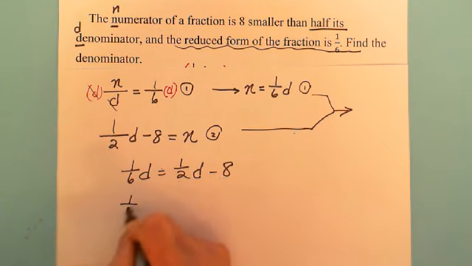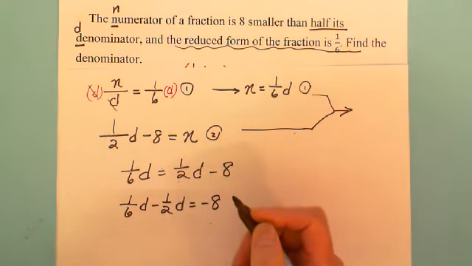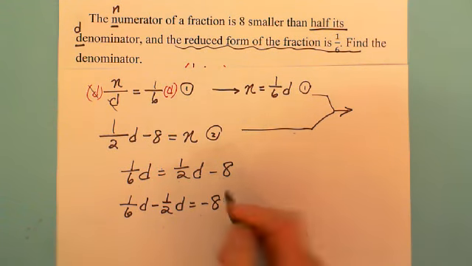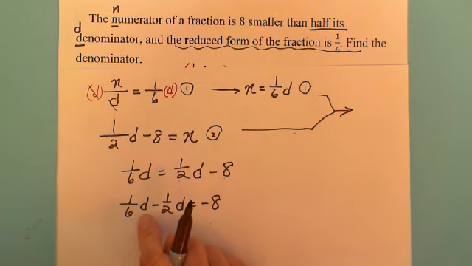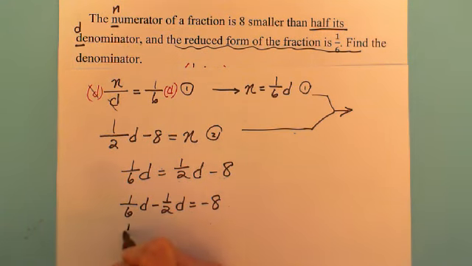We have 1 over 6 d minus 1 over 2 d equal negative 8. But 1 over 6 d is smaller than 1 over 2 d, so you will get negative number. But it doesn't matter. You convert 1 over 2 to its equivalent fraction, which is 3 over 6.